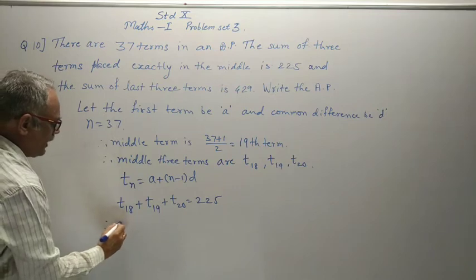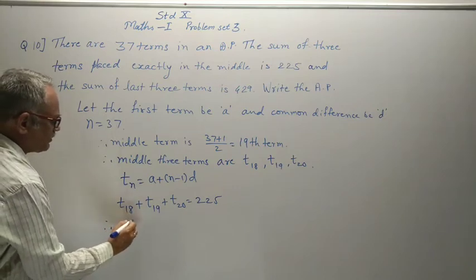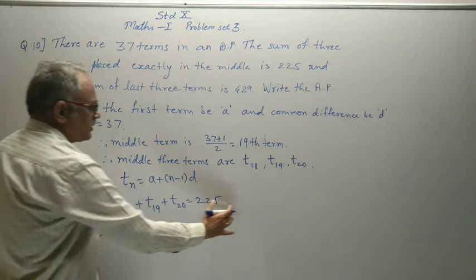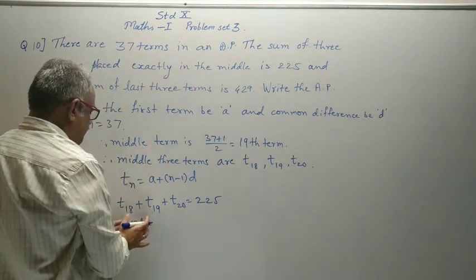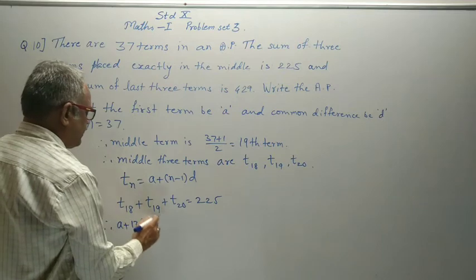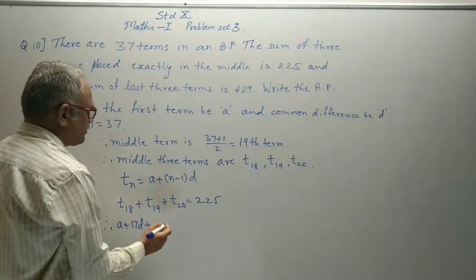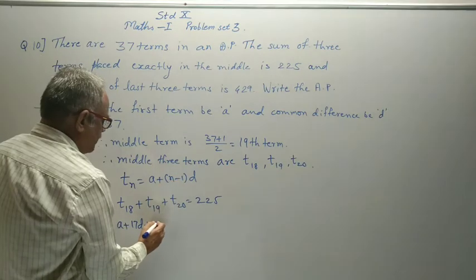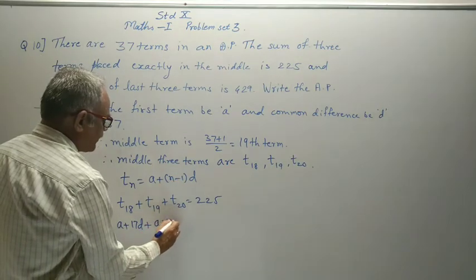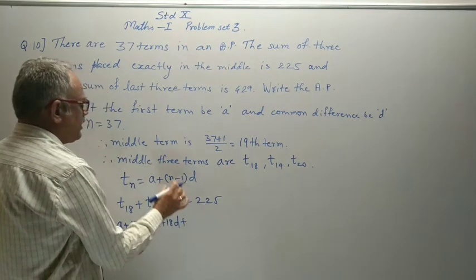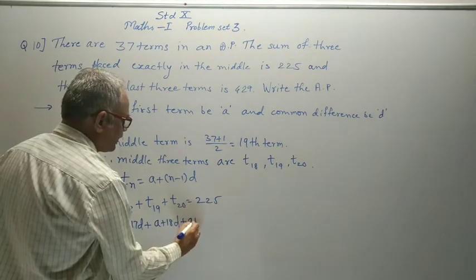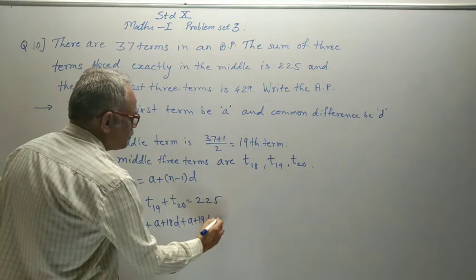Therefore, A plus 18 minus 1 into D, which is 17D. As place is less, instead of 18 minus 1 I am directly writing 17D. T19 is A plus 19 minus 1 into D, so A plus 18D, plus T20, which is A plus 20 minus 1 into D, A plus 19D, equal to 225.